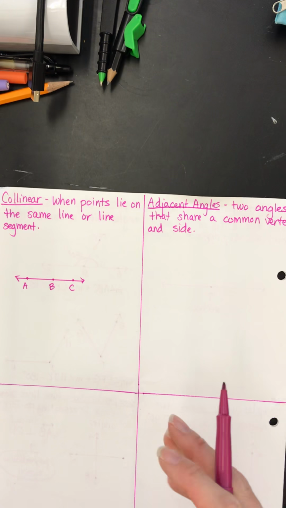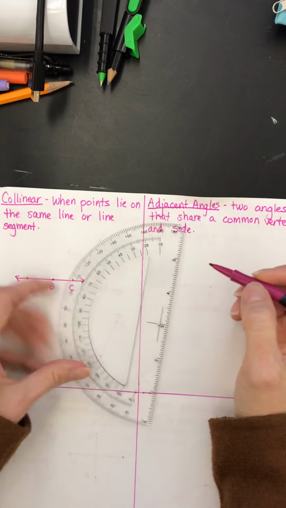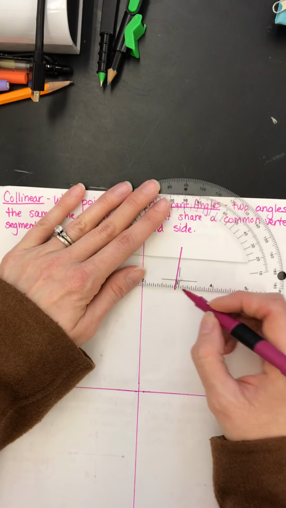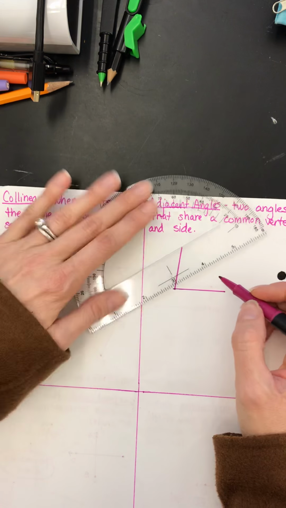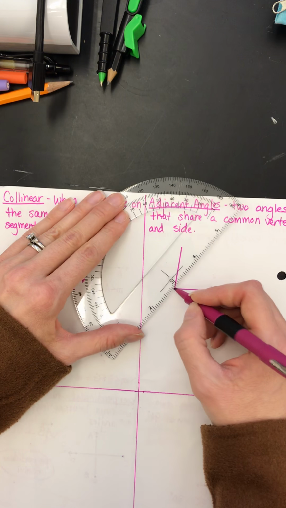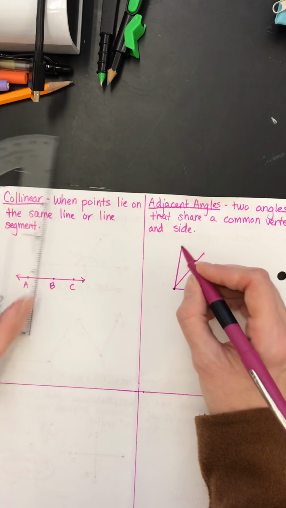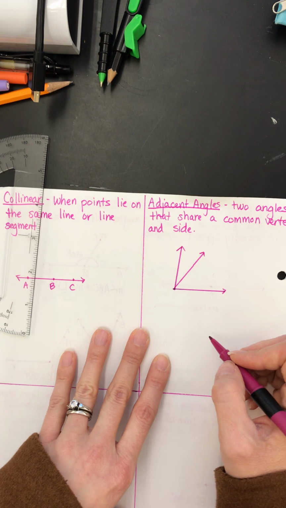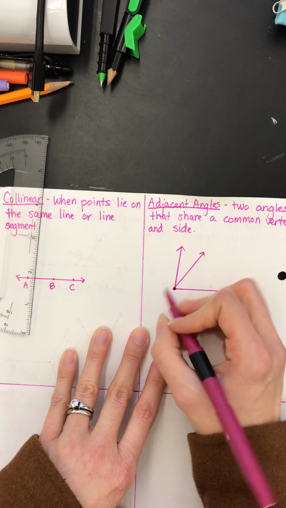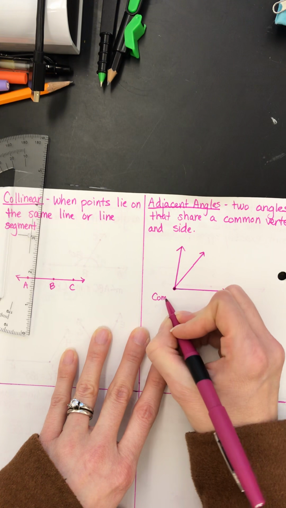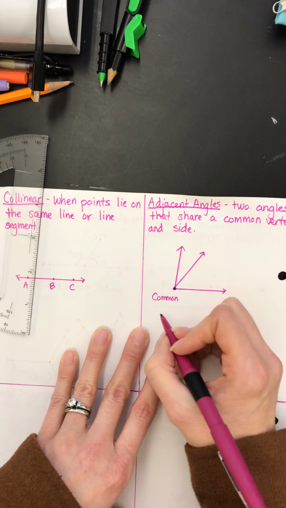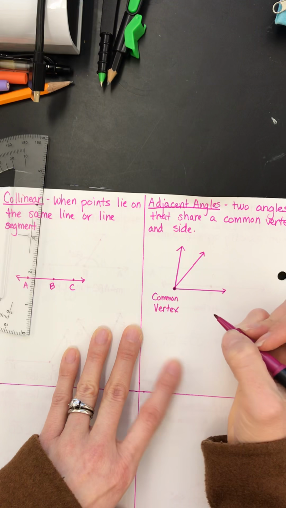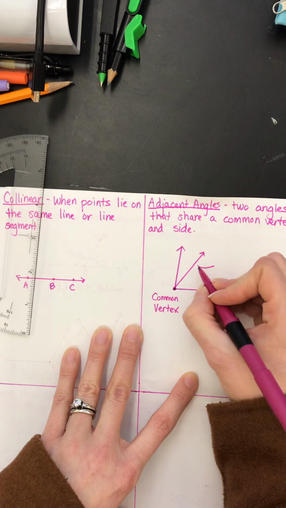Okay, so let's go ahead and draw a picture of adjacent angles. Okay, so notice that this has a common vertex. And a common side.